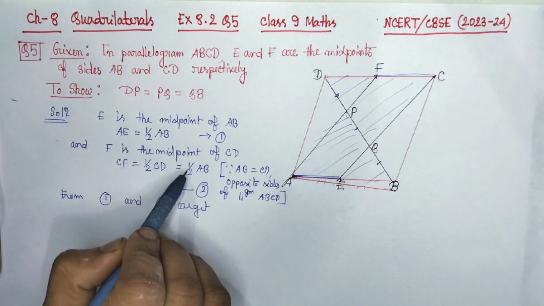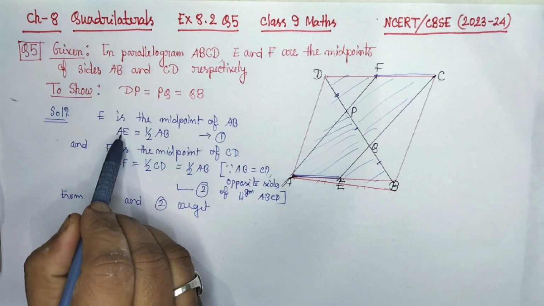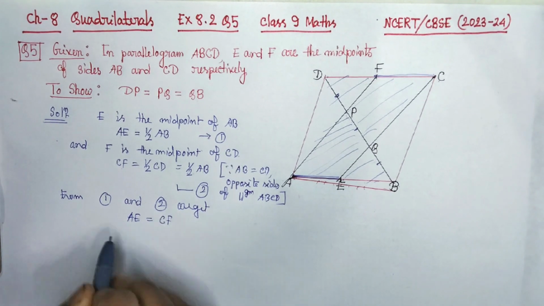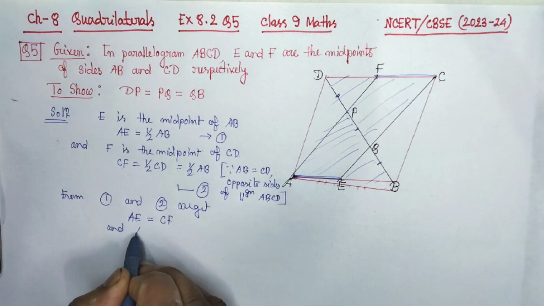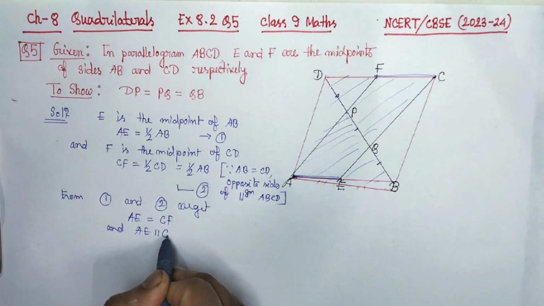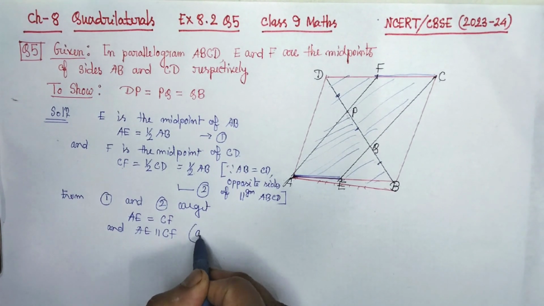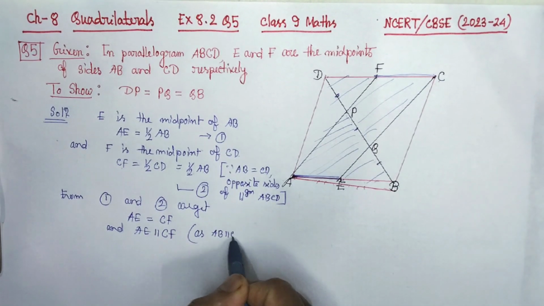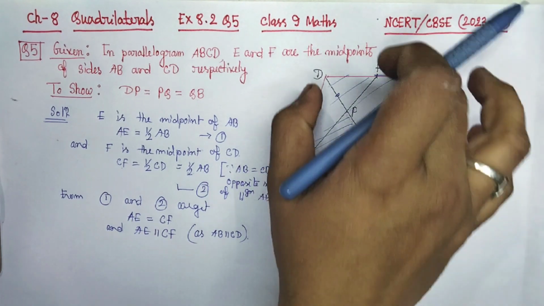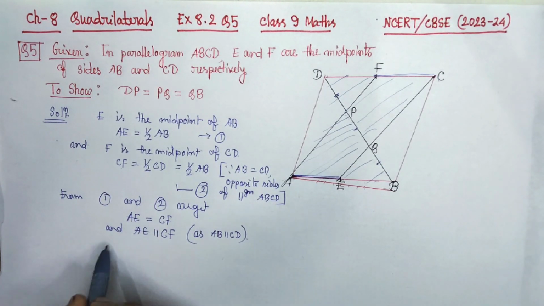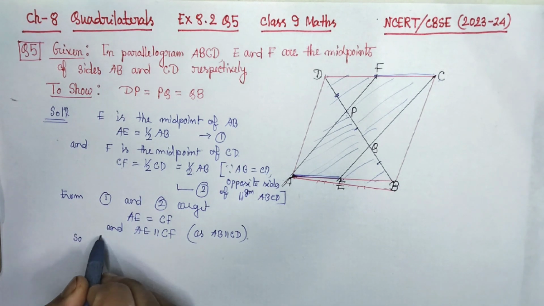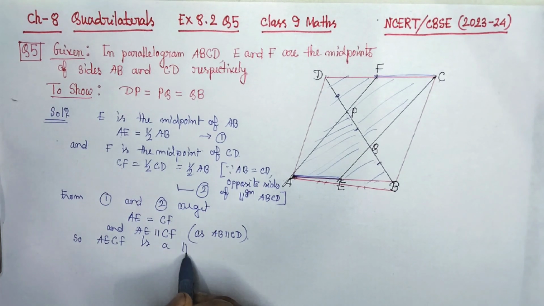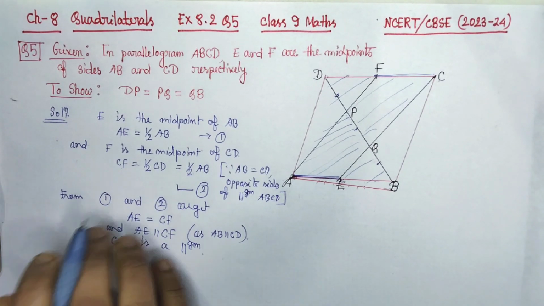So both equations having the right side equal, AE equals CF, and AE parallel to CF as AB parallel to CD, opposite sides of parallelogram ABCD. So AECF is a parallelogram.